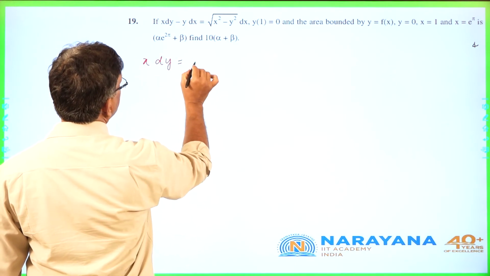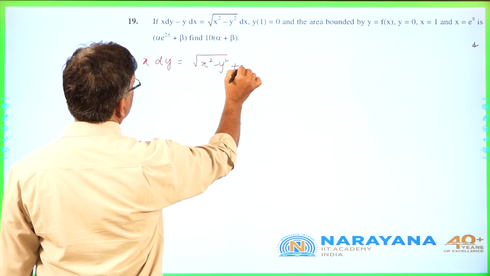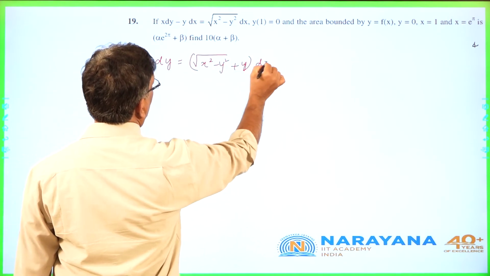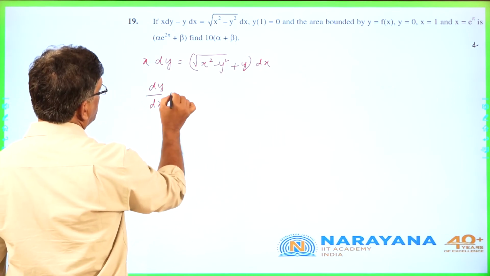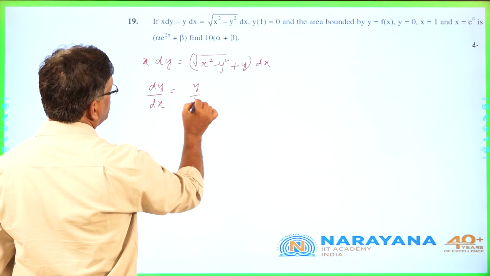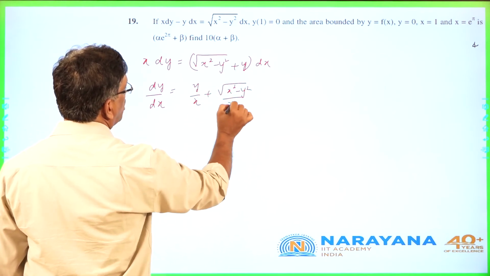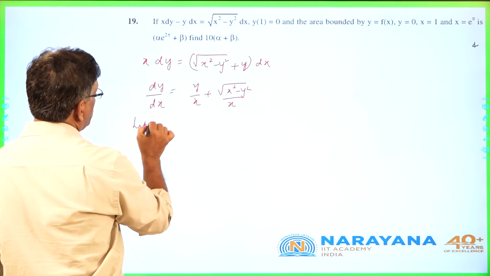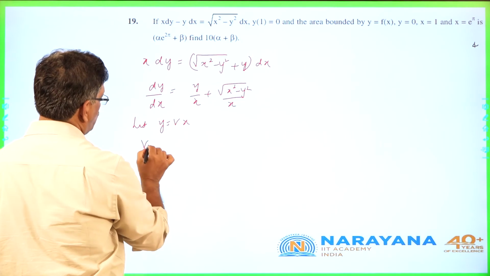x dy is equal to root of x square minus y square plus y dx. So, dy by dx is equal to y by x plus root of x square minus y square over x. So, clearly it is homogeneous. Let us put y equals vx.